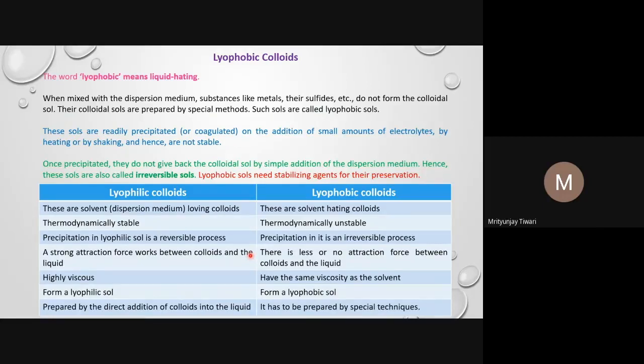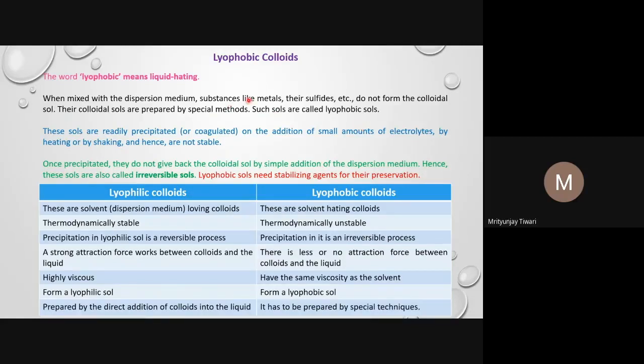For making a colloidal system, we need a special method. Their colloidal sols are prepared by a special method, and such sols are called lyophobic sols. Because they do not have a strong interaction with water, they do not get easily separated out. The metal atoms do not separate out easily, but they can aggregate to form colloidal particles.